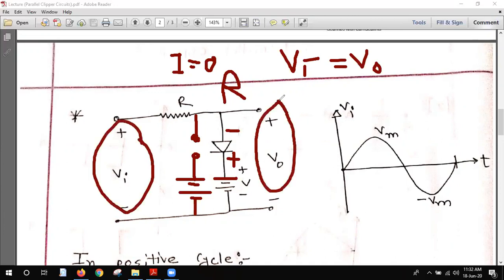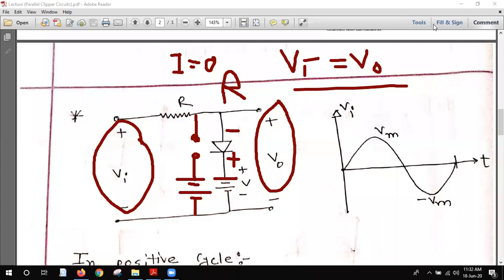I'm telling you, it is the third time: when the diode is reverse biased and open circuit, there will be no current flow, so the output will follow the input. The input voltage equals the output voltage. So this is the reverse condition, and the forward condition we already discussed.